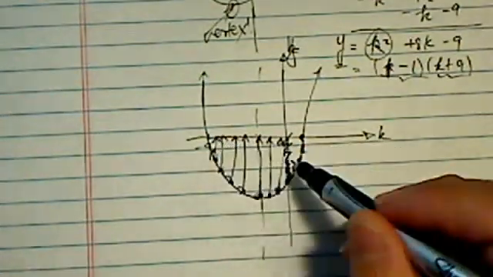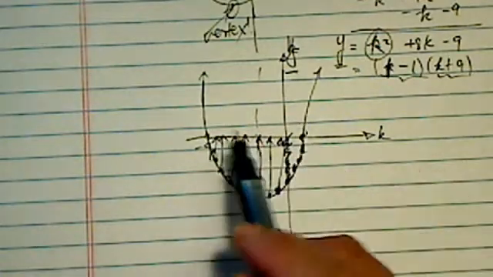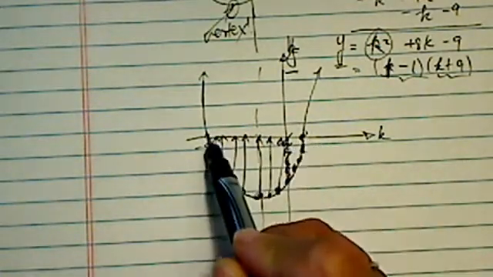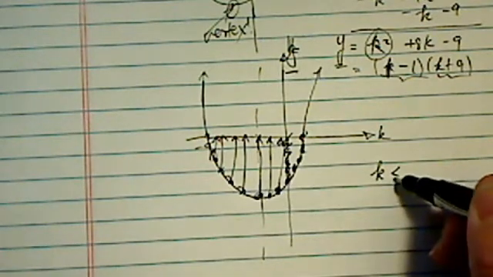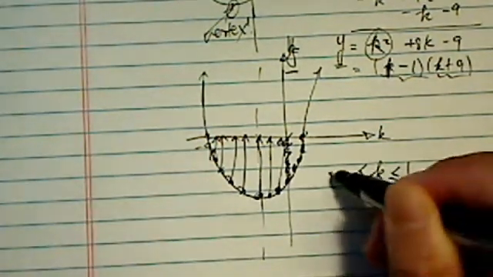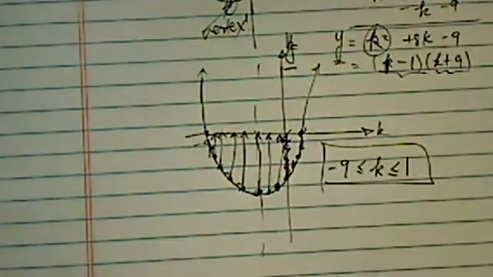We want the value of y to be less than 0. The only k that fits is in between -9 and 1. So therefore k is less than or equal to 1 and greater than or equal to -9. And that's the solution to our inequality.